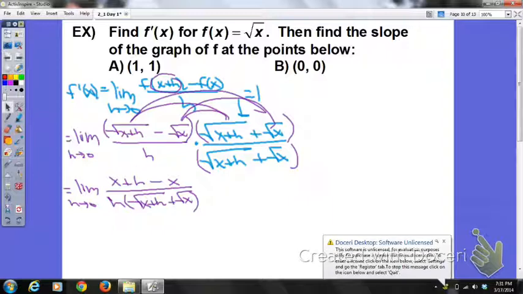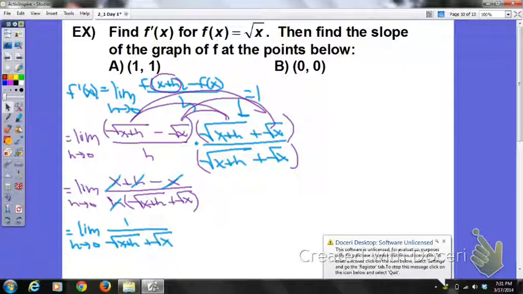Now you'll see we can cancel x's in the numerator. We're just left with an h in the numerator, and there's a factor of h in the denominator that can cancel. So now we have the limit as h approaches 0 of 1 over the square root of x plus h plus the square root of x.